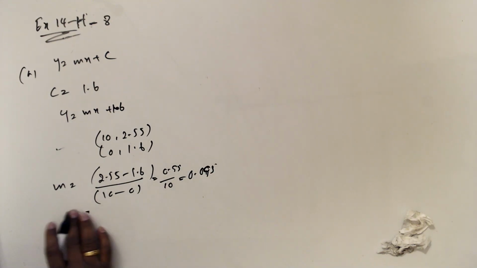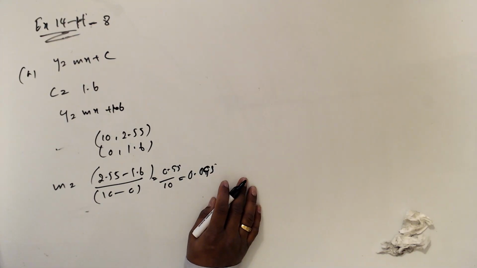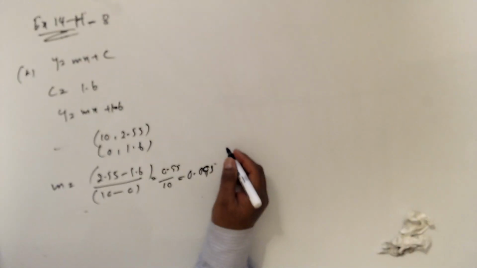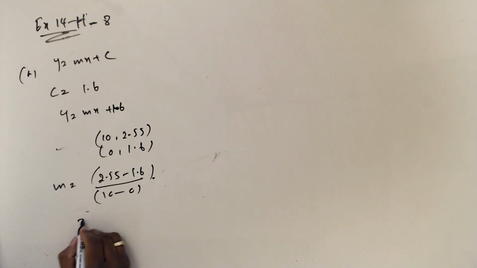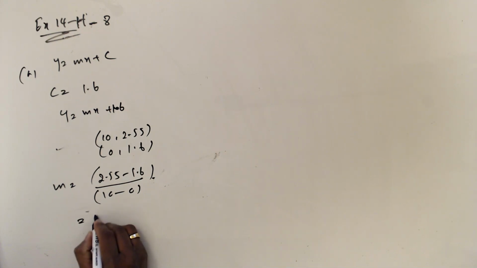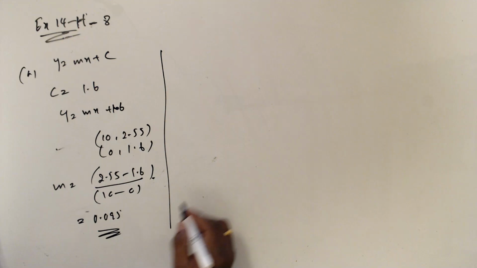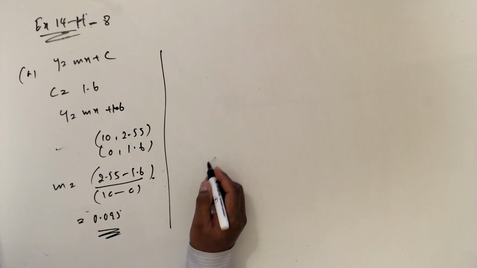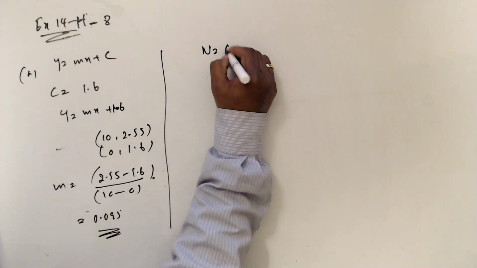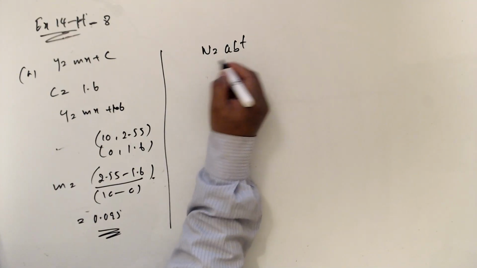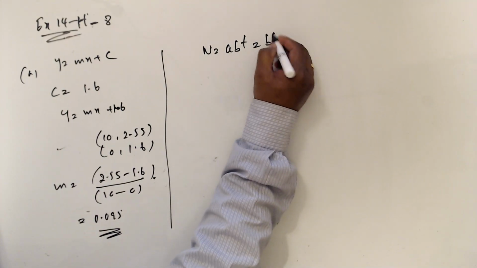We don't need to read the sum even. Now the formula is n equal ABT. So I'll write BTA.